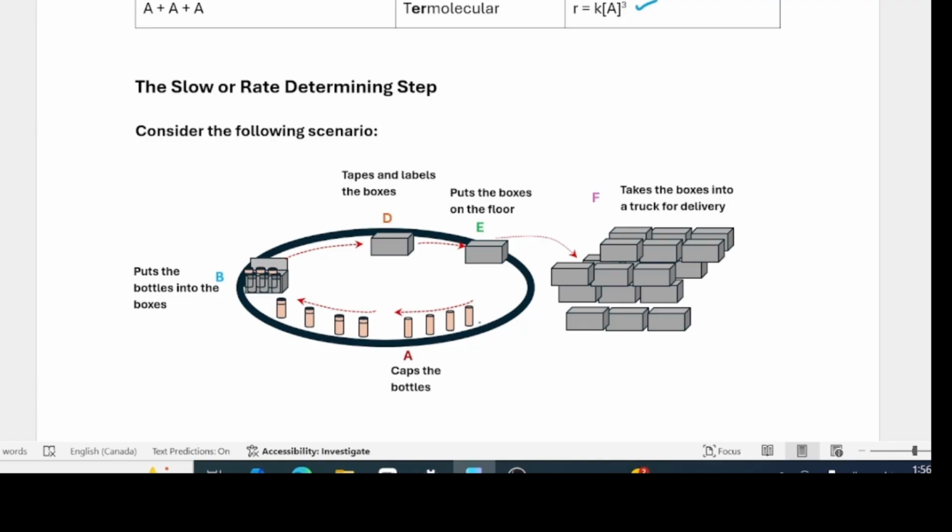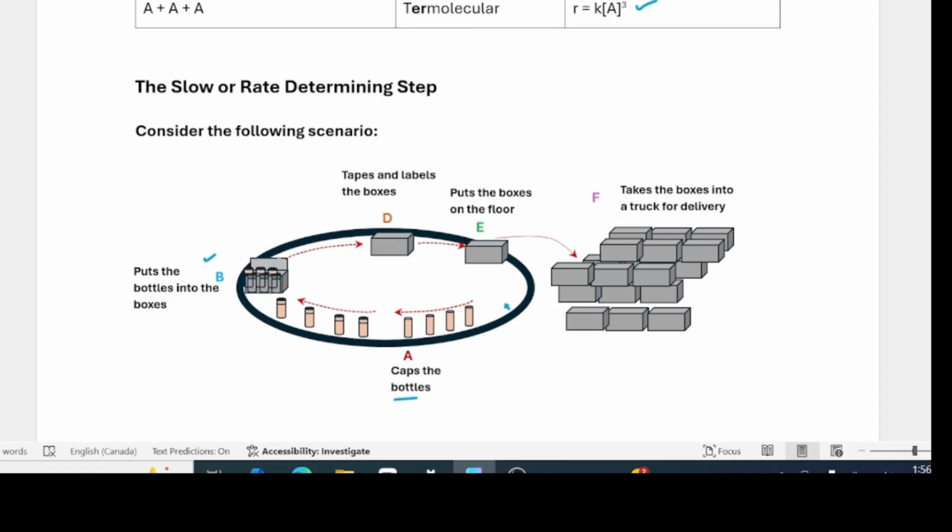This is a conveyor belt that's spinning in that direction, and somewhere along the line here, bottles are filled with a certain product, and they approach a station where worker A is located. The job of worker A is to cap those bottles and send them to worker B, who places these bottles in boxes.